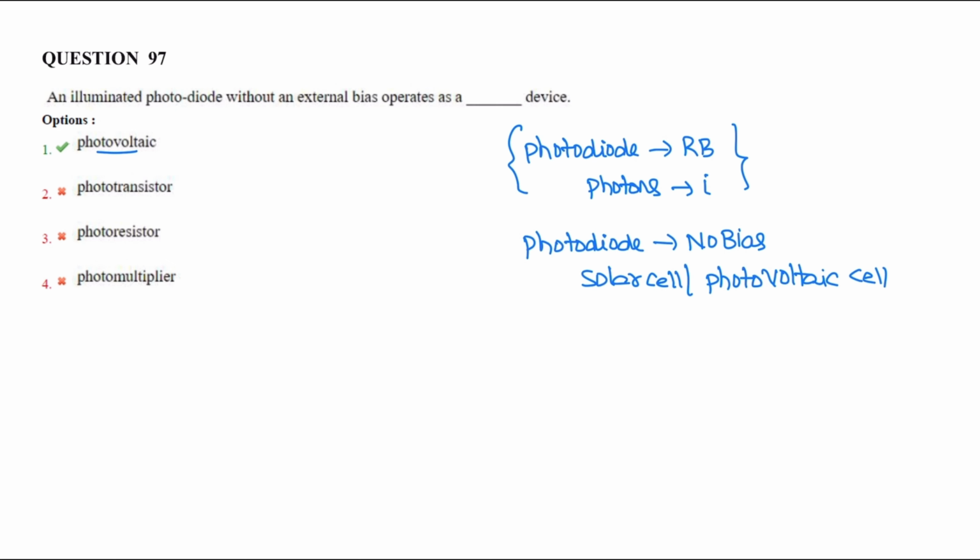If photodiode is connected in reverse bias, it converts photons into electricity. What happens if photodiode is connected in forward bias? It acts like a normal diode.